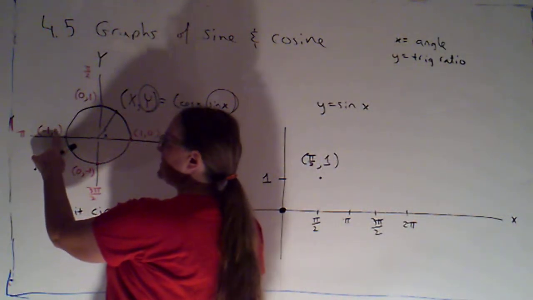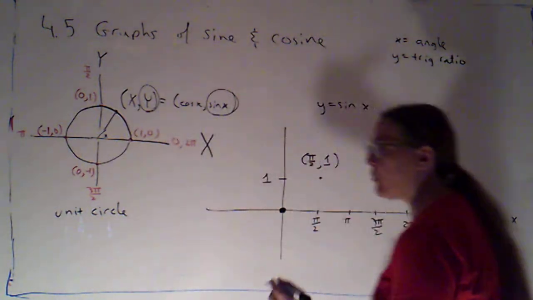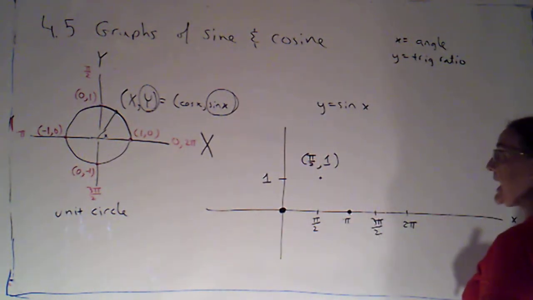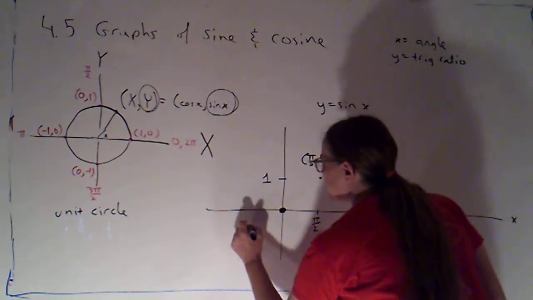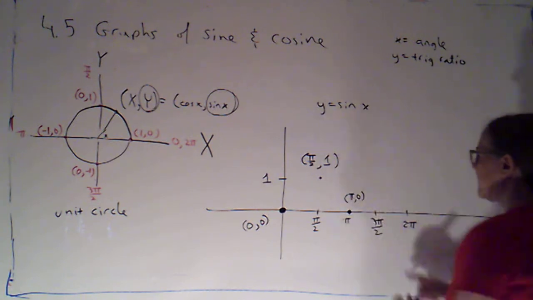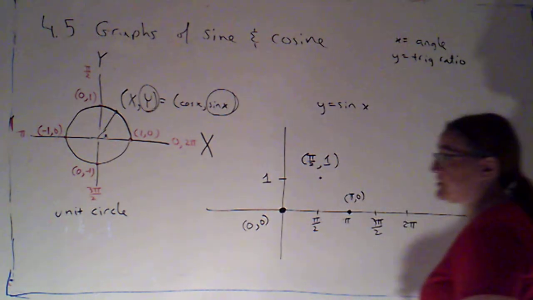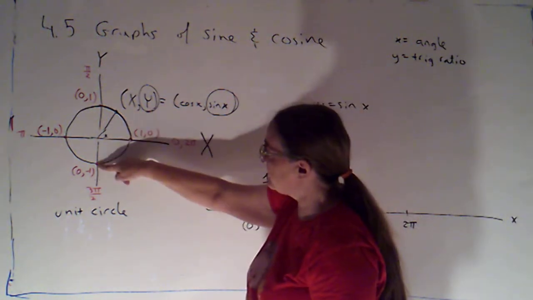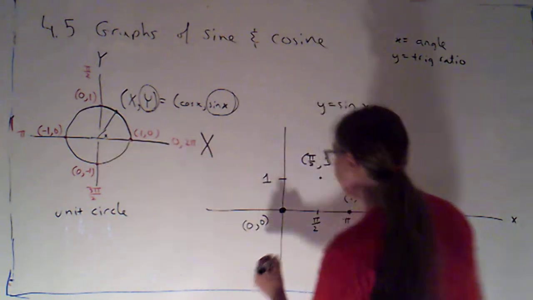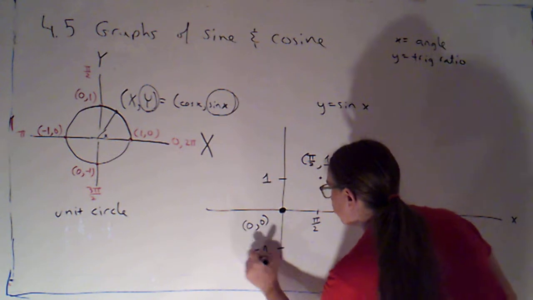When my angle is pi, we've rotated to here. We're intersecting the unit circle at this point that has a capital Y value of 0. So we've got a point pi, 0. I'll just label all of my points: 0, 0, this would be pi, 0. At 3 pi over 2, we've rotated down to here, where the capital Y value is negative 1.